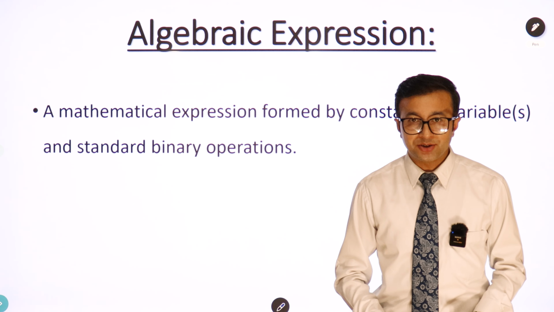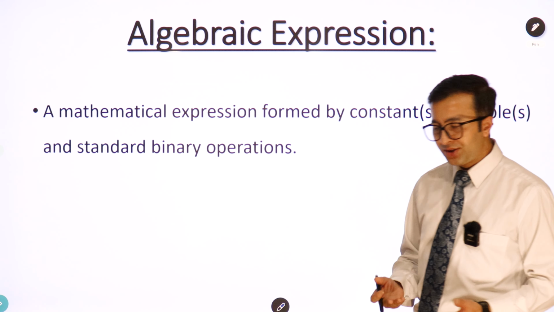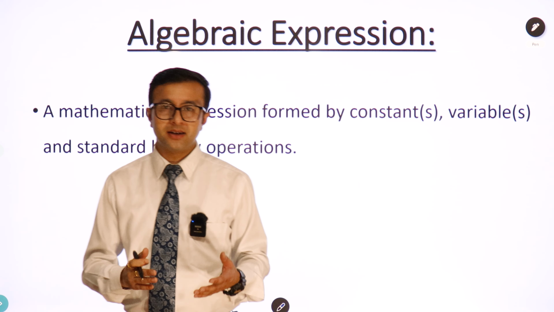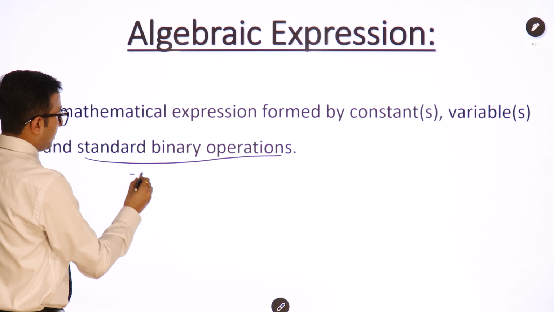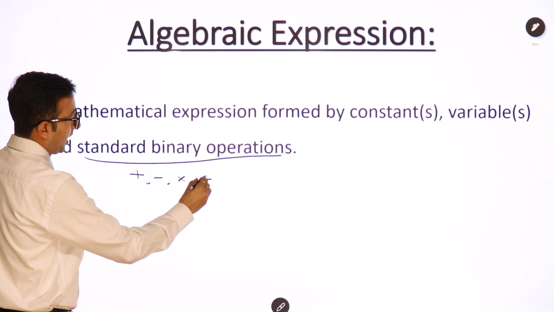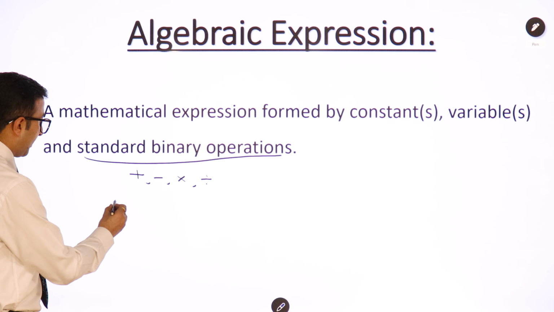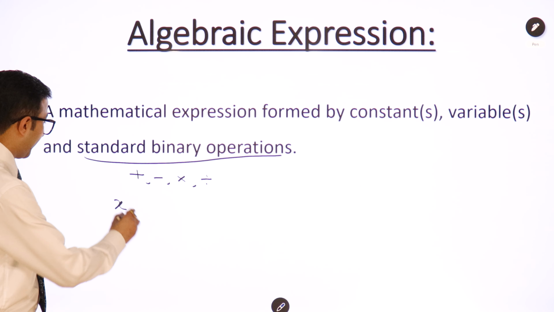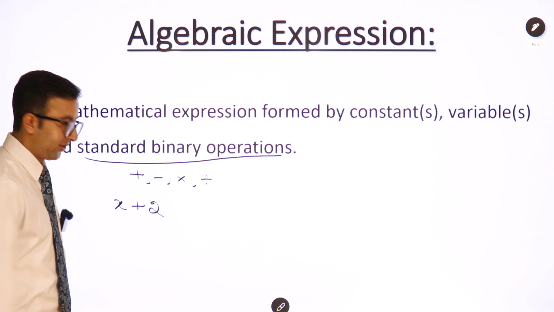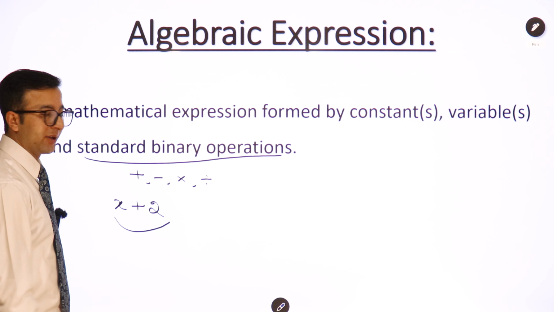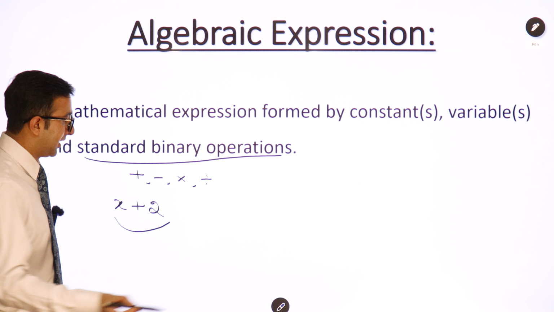Now, what is an algebraic expression? An algebraic expression is an expression formed by constants, variables, and standard binary operations. You know that standard binary operations are addition, subtraction, multiplication, and division. For example, if I take x as a variable and add a constant to it, x plus 2, whatever expression is forming here is an algebraic expression.